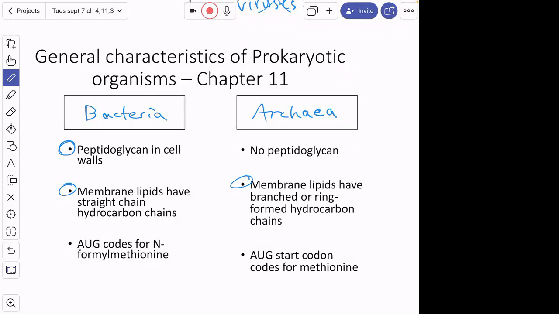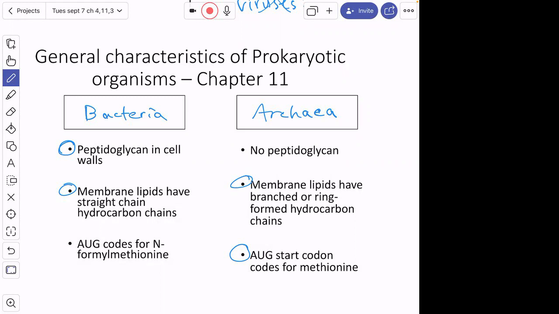So I'm not worried about the details there. A lot of archaea have metabolisms that are similar to bacteria, but then the genetics is sometimes more like the eukarya. So for example, they have an AUG start codon that encodes for methionine, like eukaryotes.